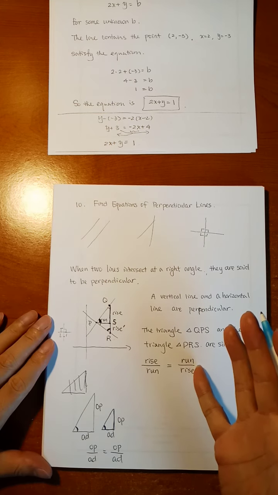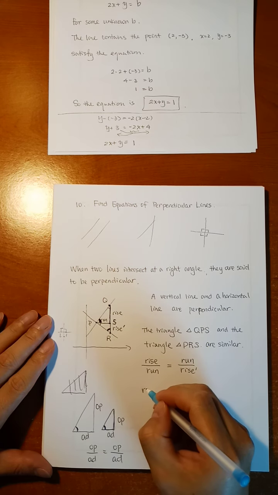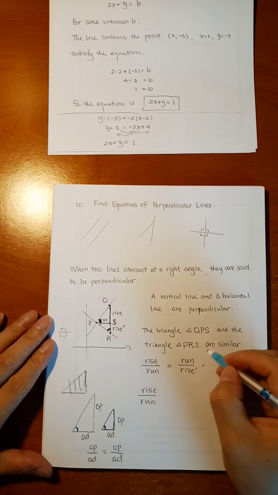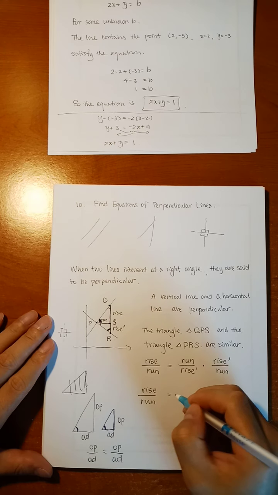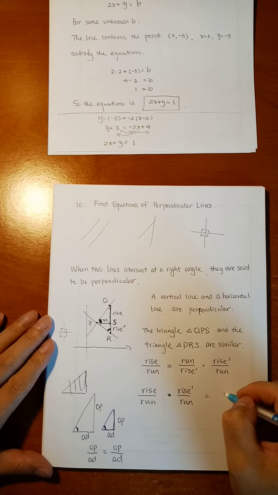Then we divide this equation by run over rise, or we multiply both sides by rise prime over run. When I do this multiplication, it becomes 1.